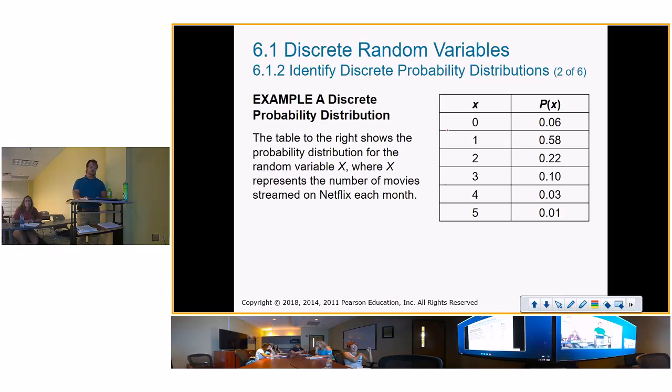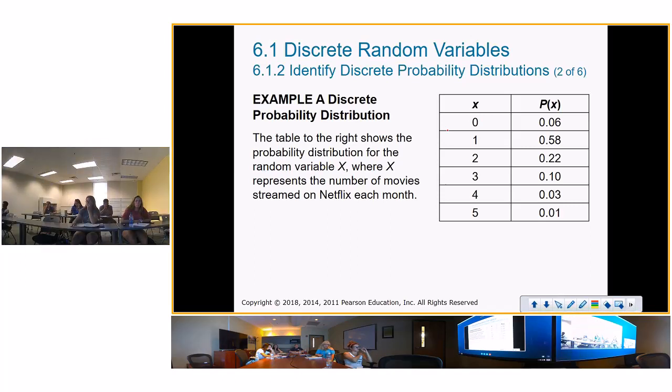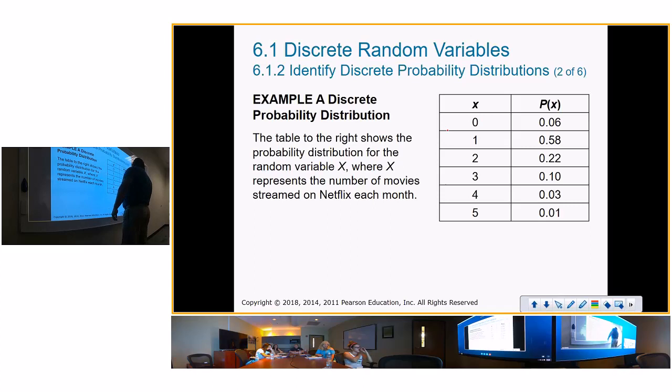Okay, that's what it looks like. And notice you see the same thing you saw back with the frequency distribution. You have a table.